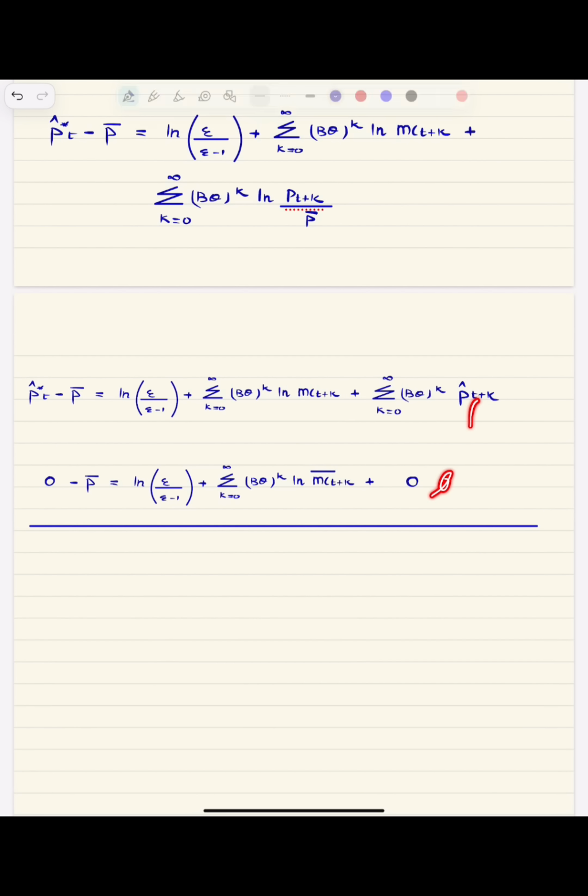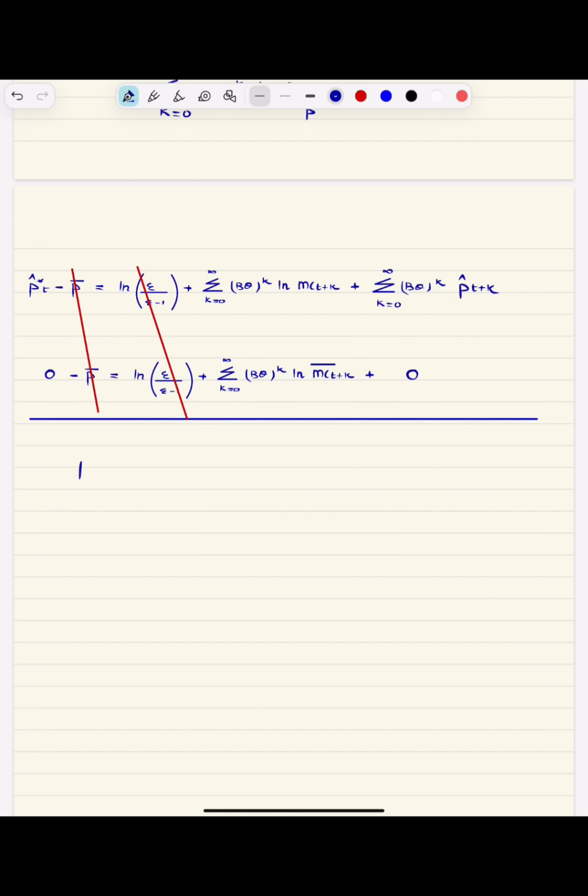When I do that, this will get cancelled out, this will get cancelled out, and nothing else gets cancelled out. So I'll be left with a p hat star t equals a summation beta theta to the power k and log of mc t plus k minus ln mc bar t plus k, because remember we were subtracting, so the signs technically change.